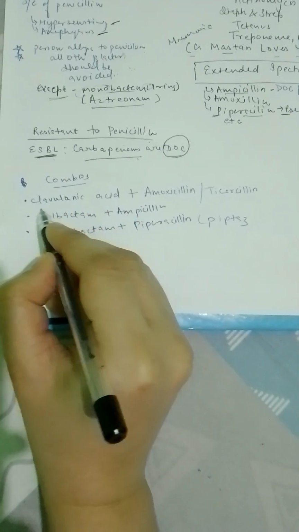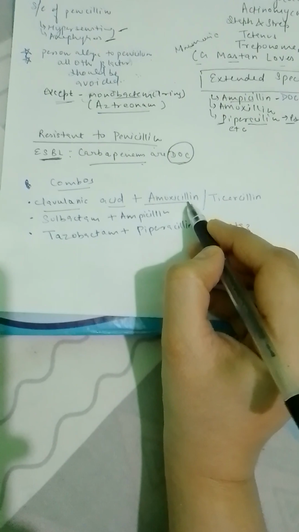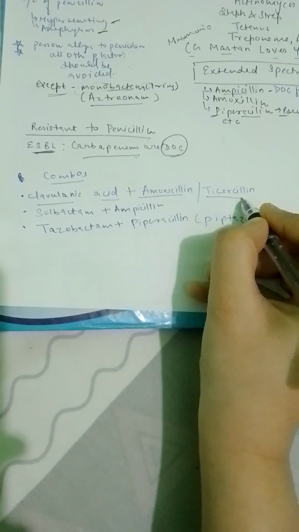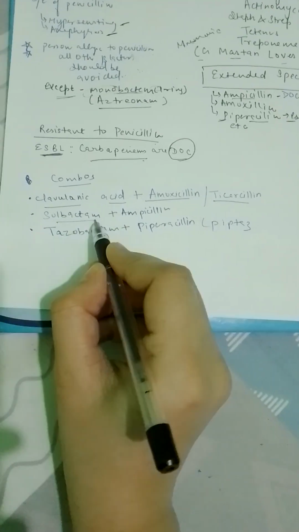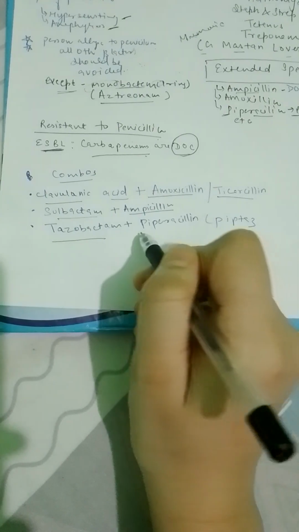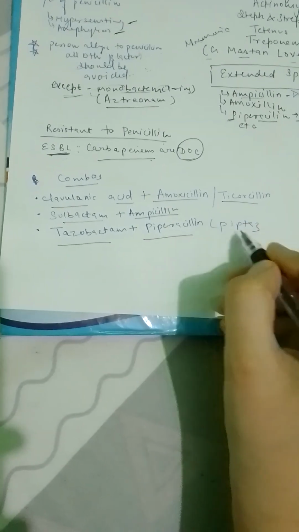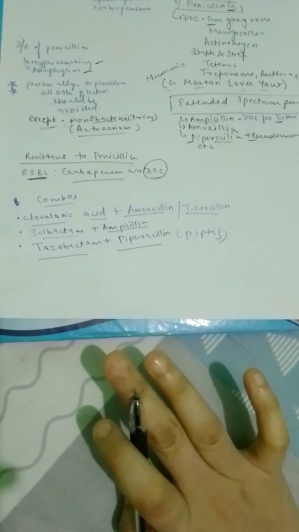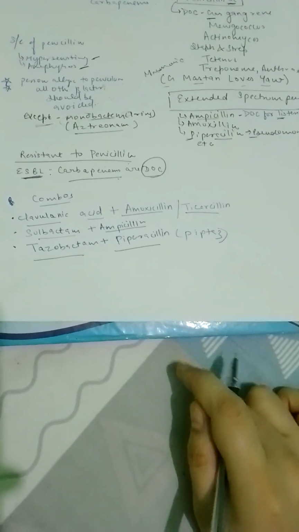For example, clavulanic acid with amoxicillin, and if amoxicillin is not available we can use ticarcillin. The second is sulbactam plus ampicillin, and the third is tazobactam and piperacillin, which comes under the name piptaz. So that's for today, and about cephalosporin we will discuss in the next video.